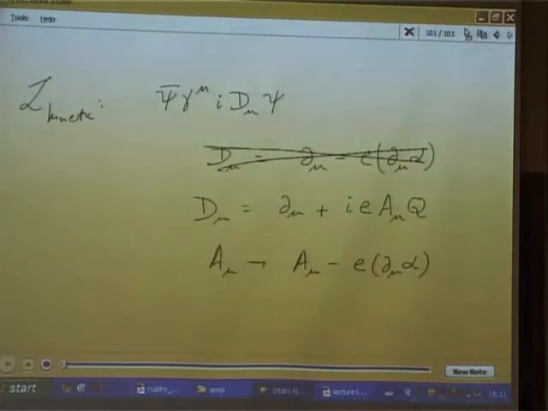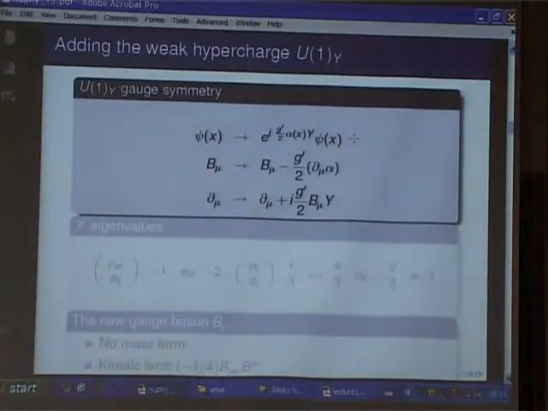So what this means is that my Lagrangian is invariant under this gauge transformation, this phase change, if I change my kinetic term like this and my A transforms. So in this sense, if I satisfy 1, 2 and 3 simultaneously, then I get a consistent theory.